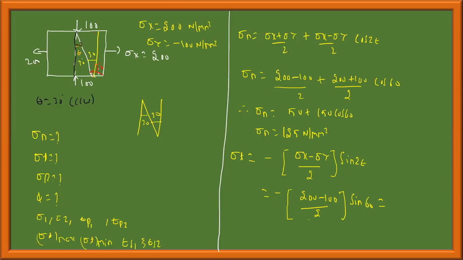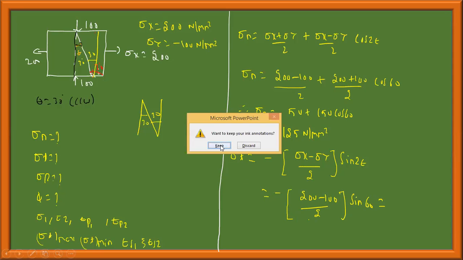We calculate it. Meanwhile, I will be sending the second link. Join immediately. Minus 43.30.